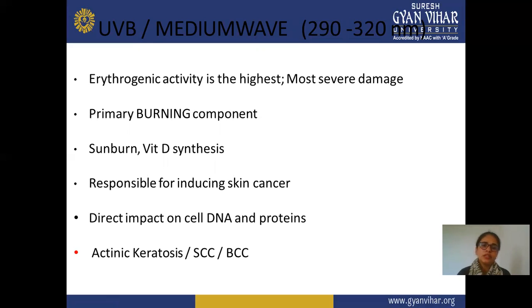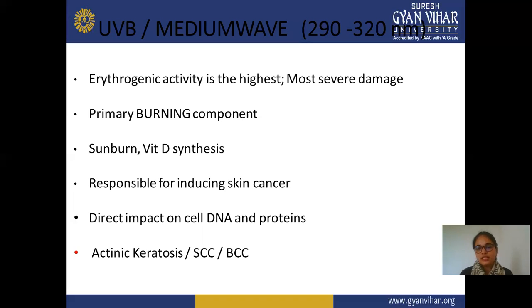It is the primary burning component, causing sunburn and vitamin D synthesis, meaning it burns when we come in contact with UVB rays. It is also responsible for inducing skin cancer. UVA penetrates very deeply, but UVB acts on the surface, yet it causes more severe effects like skin cancer.